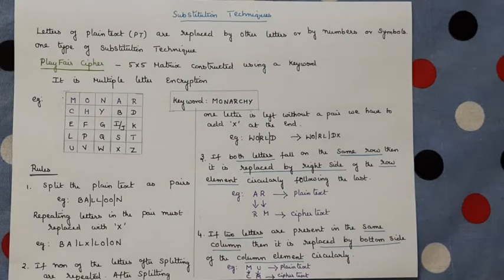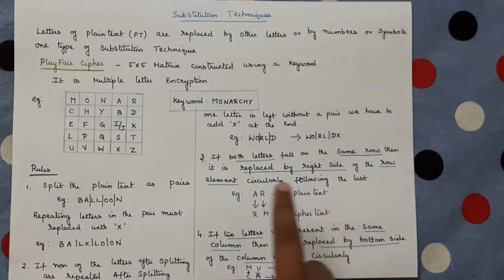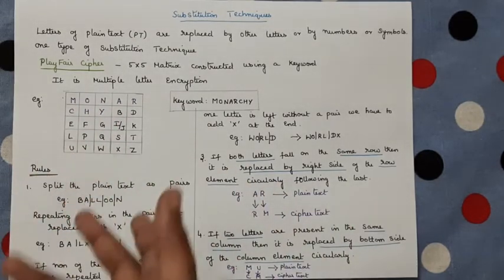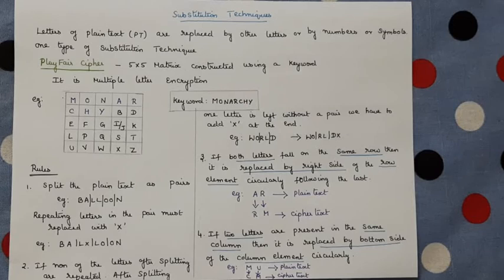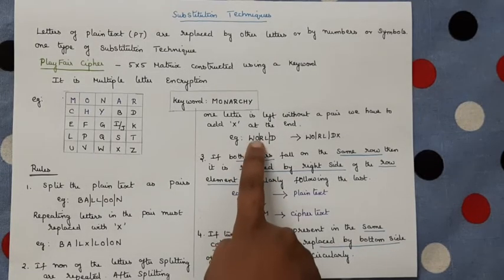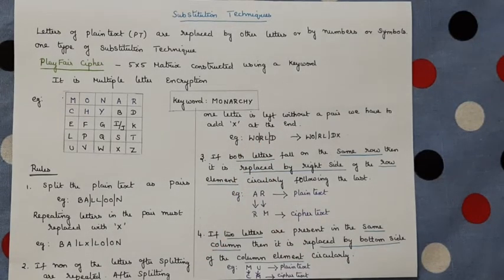And the third rule is, with your 5x5 matrix. If I take the plain text, for example WO, I will go and check in that particular 5x5 matrix whether the letters are in the same row, or in the same column, or in a different column and different row.